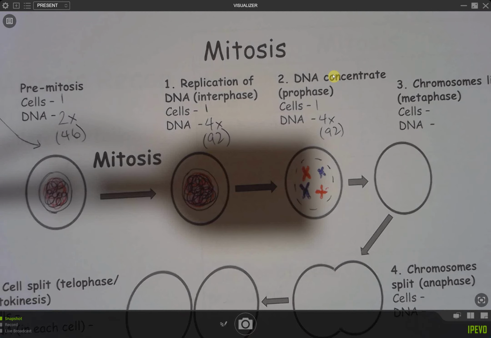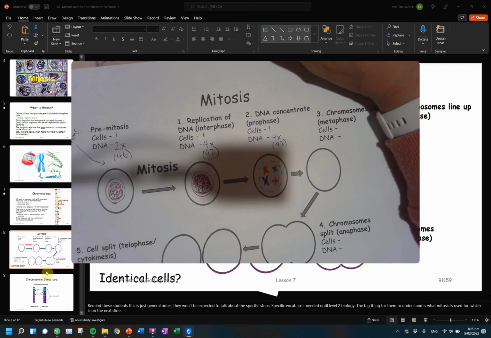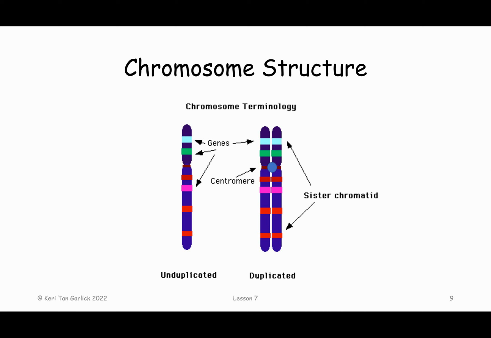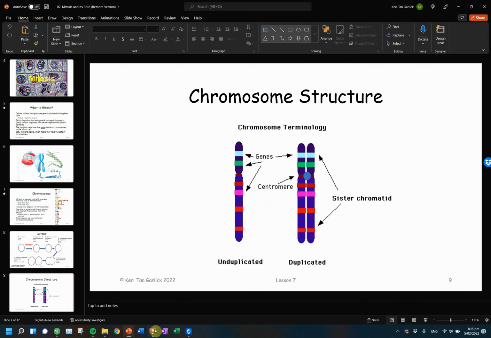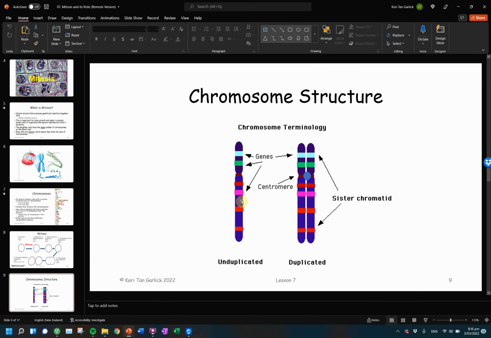So let me move back to the slides because there's important terminology that I need to refer to that can get kind of confusing. The word chromosome is used twice in two different contexts, which makes it confusing and frustrating. Both of these things are chromosomes. The way I like to distinguish them is this is an unduplicated chromosome. So basically, when we were looking at pre-mitosis, if it had condensed, it would just look like that.